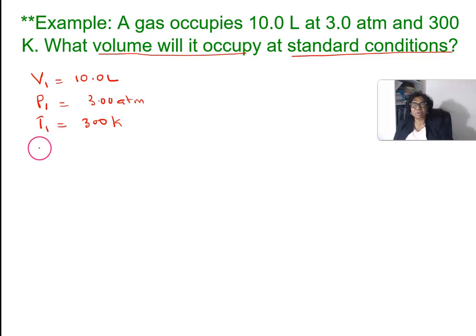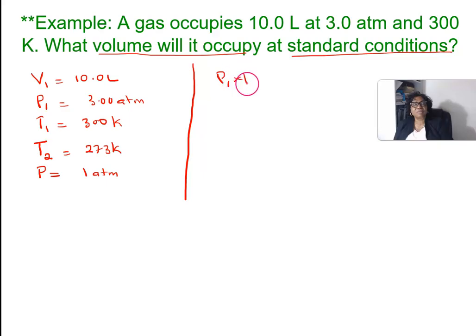So standard temperature will be T2, which is 273 Kelvin. And standard pressure is 1 atmosphere. So we know that P1 times V1 all over T1 equals P2 times V2 all over T2.